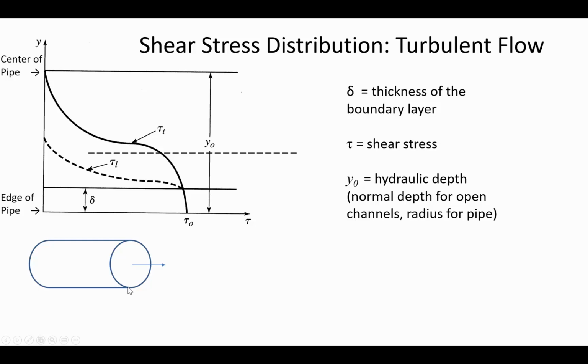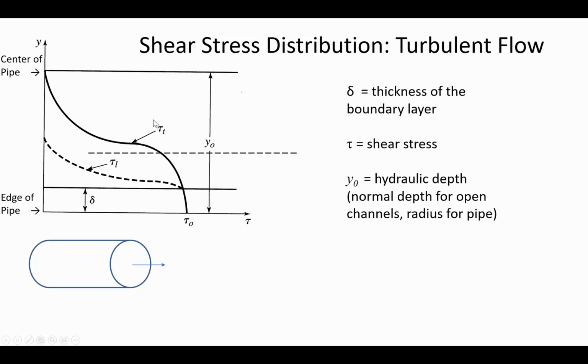But at the edge of the pipe is where the water is closest to that stationary boundary, and it's the pipe that's applying a shear stress to the water at the border of the two, where the water and the pipe touch, is where there's the most shear stress. We know that conceptually. So that's what this figure is saying, is your maximum shear stress is right at the edge of the pipe, and then the further away you get from the pipe, the shear stress is reduced.